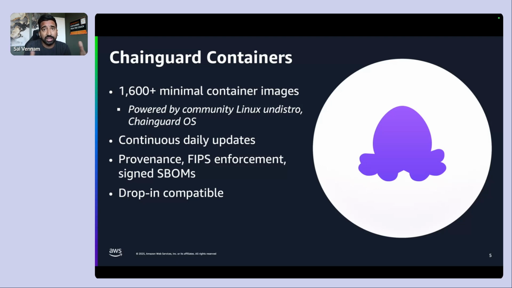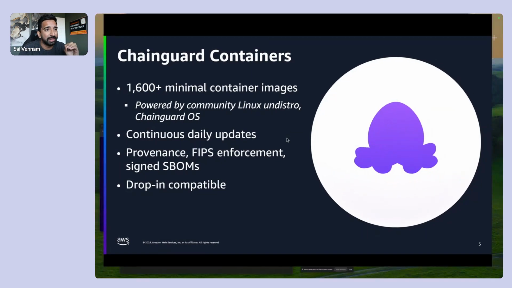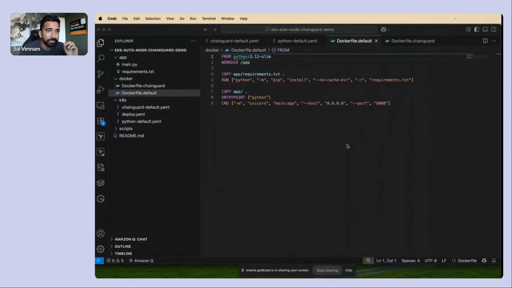And for a lot of customers, the benefits here with compliance, like FIPS enforcement, can be really meaningful, or sometimes even a requirement. And it's easy to drop them in. And so that's what I want to get into today, and talk exactly about why Chainguard containers are easy to use, how they can be dropped in.